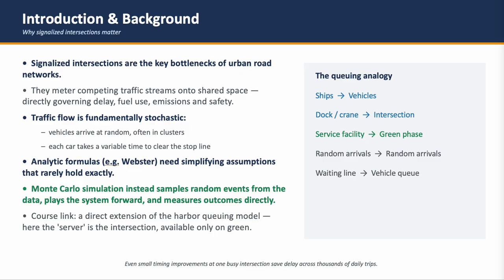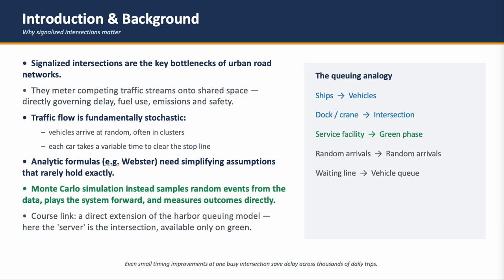What makes this hard is that traffic is fundamentally random. Cars don't arrive on a neat schedule. They arrive at random, often in clusters, and each car takes a slightly different time to clear the intersection once the light turns green.